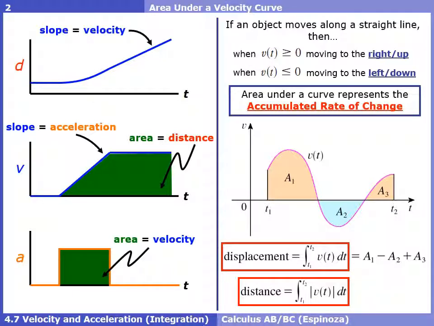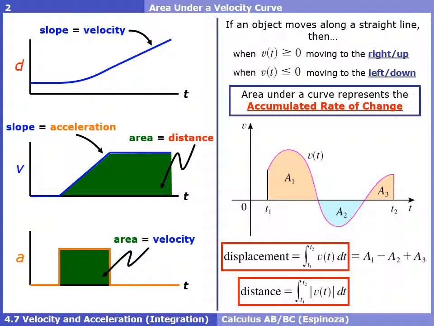But distance is a little bit different. Distance would be the absolute value of velocity. The reason it would be the absolute value of velocity is we don't want to take direction into account. We just want to figure out how much length in total was covered. So we don't want to count those areas below the t-axis as being negative.